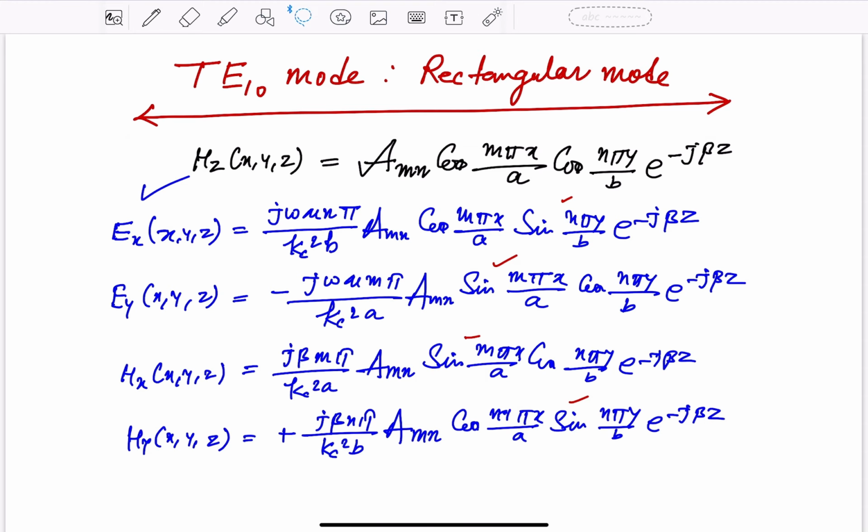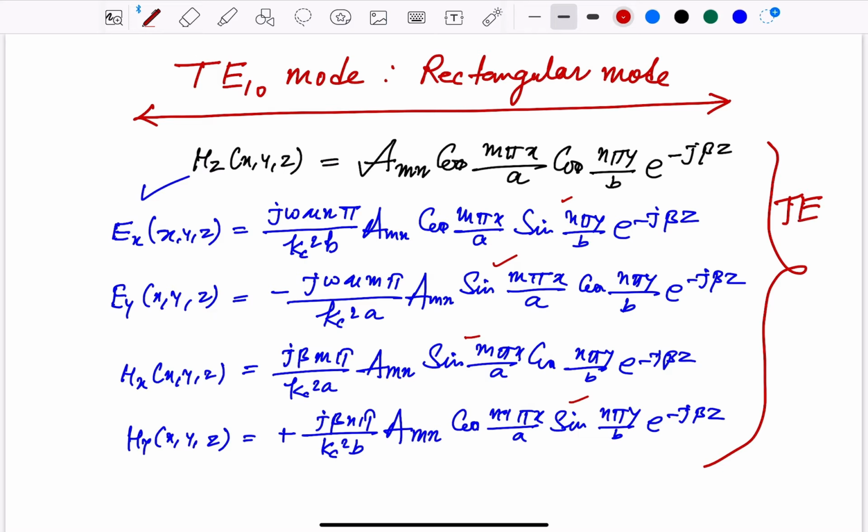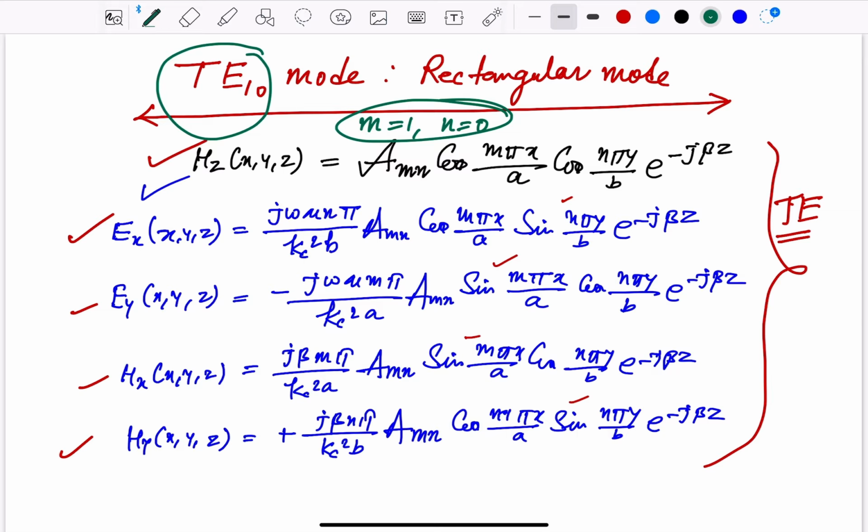So these all are the modes for the TE mode, and there are 5 field components for this TE mode. Now, because we are much interested in this dominant mode, TE10 means here m is equal to 1 and n is equal to 0. Let us figure out how many field components will exist for the TE10 mode.